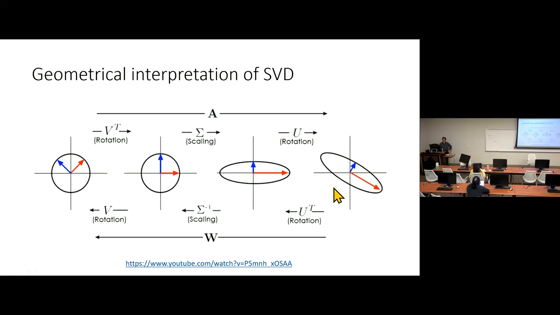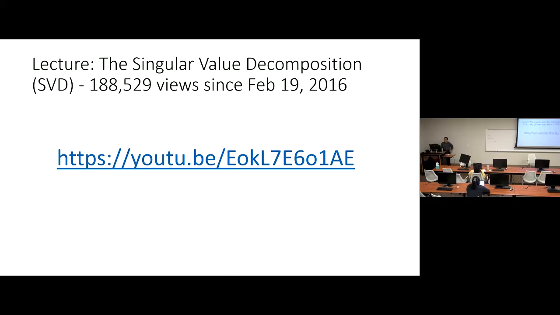So if you have this, you can do the rotation back and the scaling in the inverse, and then rotate back. So you can have this rotation and stretching movement. Again, you should watch this on YouTube. This has been watched many times already.